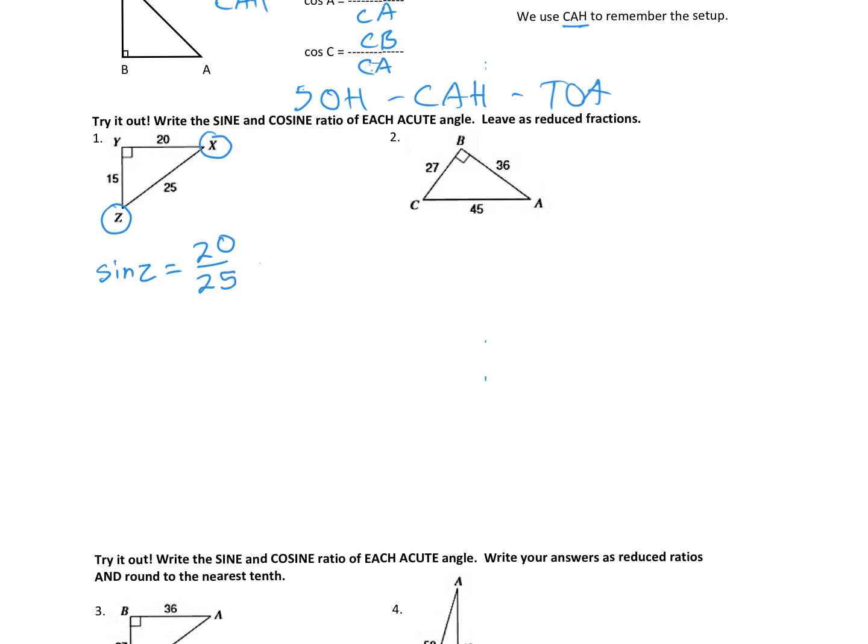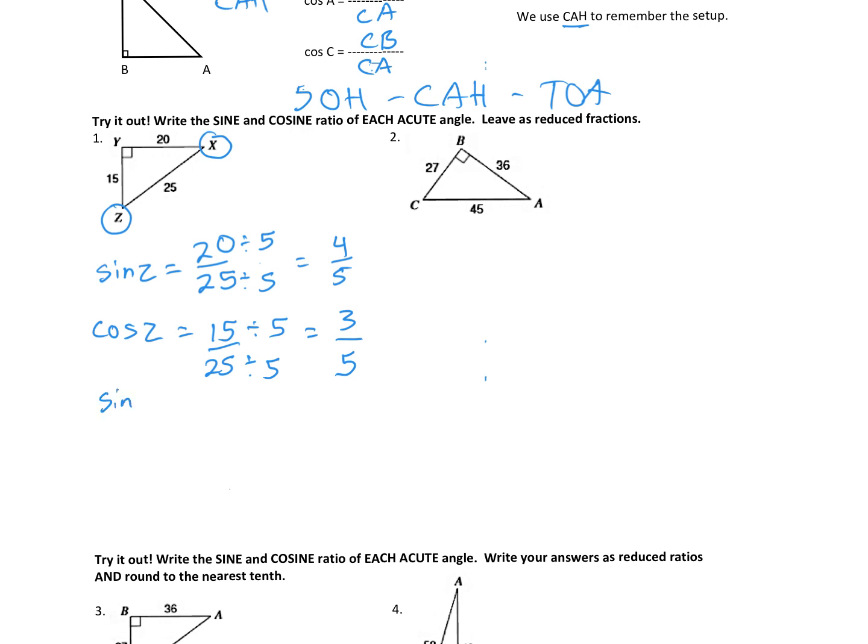We can reduce that by dividing by 5, which gives us 4 over 5. Our cosine of Z is our adjacent, which is 15 over 25, divide by 5 and 5, which gives us 3 over 5.